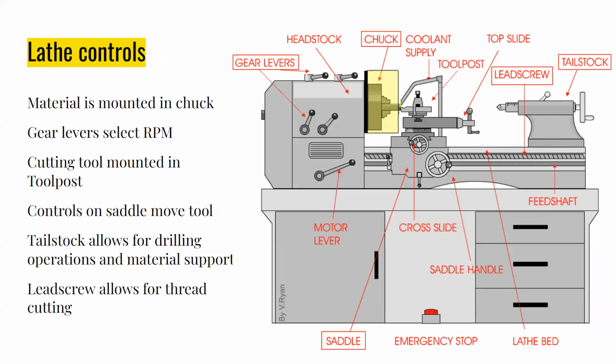You'll have controls on the saddle that you use to move the tool in reference to your material. And there is going to be usually a tailstock where you can do drilling or use it to support the material you're turning. And there's also usually a lead screw that will allow you to do thread cutting.